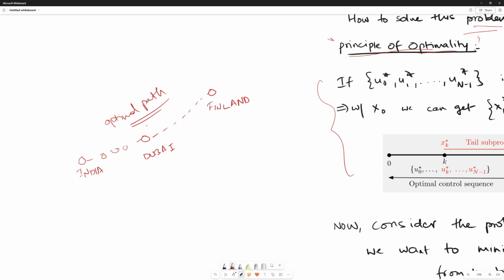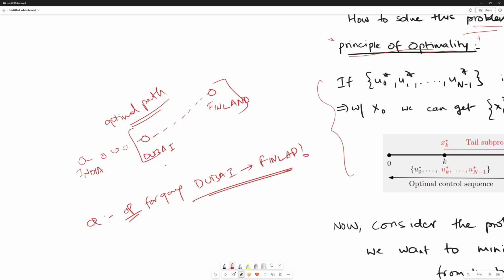Now the question I want to ask you is, what is the optimal path for going from Dubai to Finland? Obviously, intuitively, you can tell me that the optimal path is the same as this path, correct?